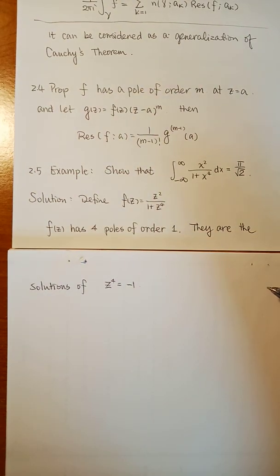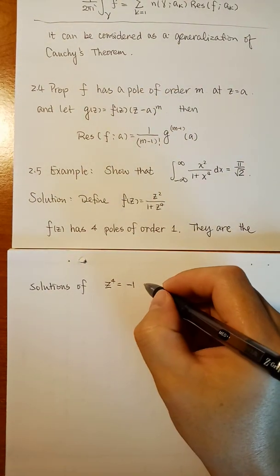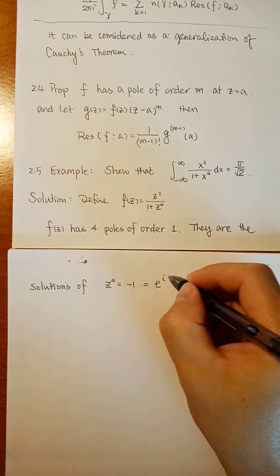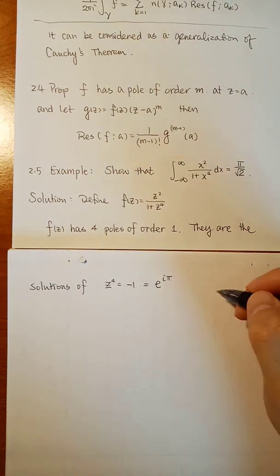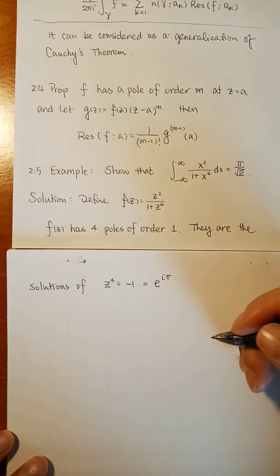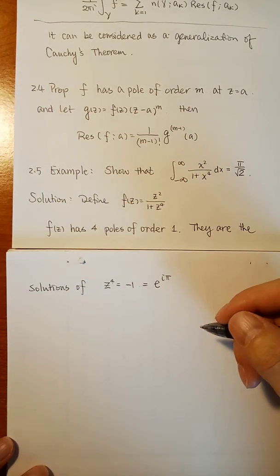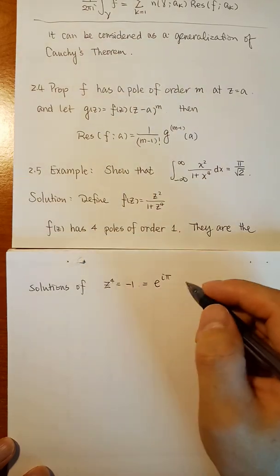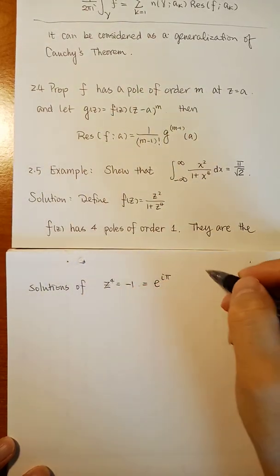They are the solutions of z to the 4 equal to negative 1. Negative 1 is e to the i pi. Pi is the argument of a negative number. And then we take the 4th root.